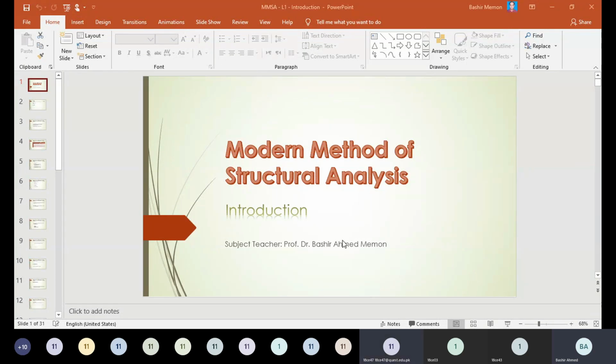The subject, modern methods of structural analysis, as I said, is an extension of structural analysis. In the last semester, we studied structural analysis with a lot of examples. You must be remembering the methods can only be used with simple sort of problems, but the structures themselves are a collection of a lot of members.